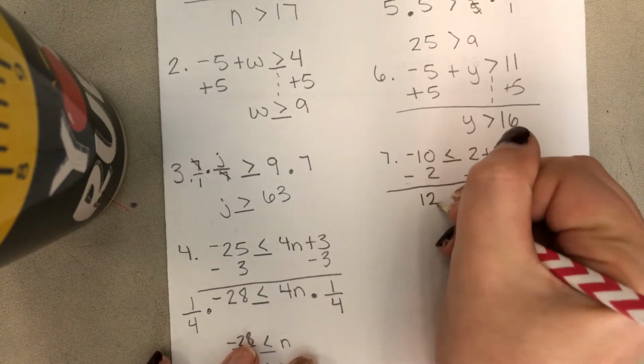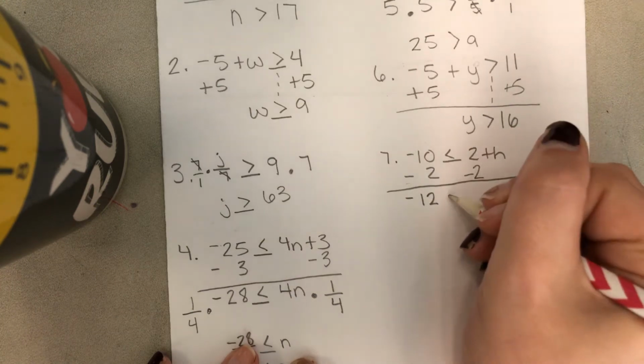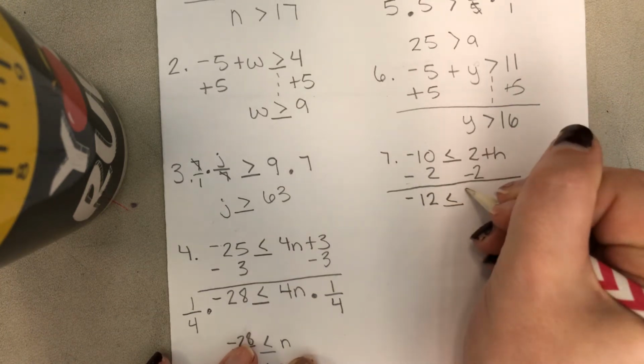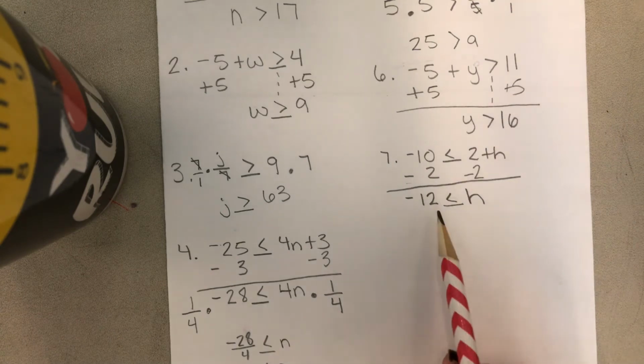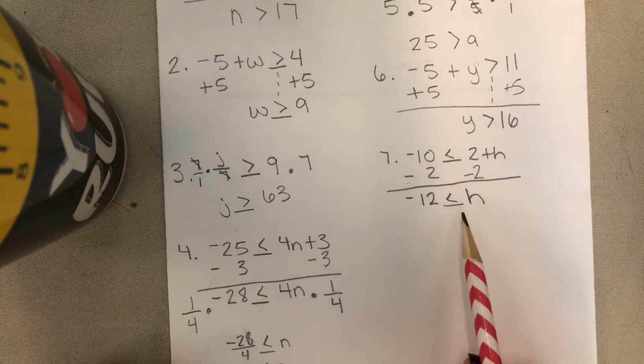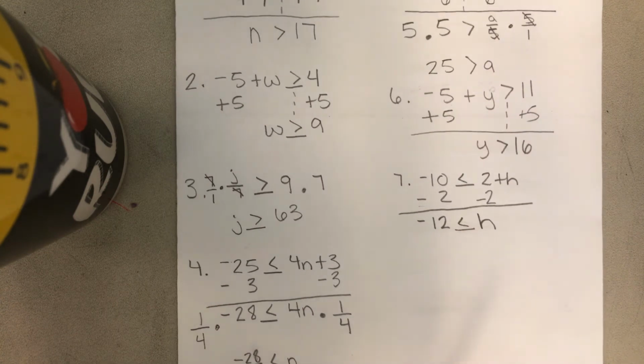So -10 and -2 together, they have the same sign, so I have to add, which gives me 12. Keep the sign of the greater absolute value, so it is -12 is less than or equal to h. I did not multiply by a negative number or divide by a negative number, so therefore my symbol is not being reversed. -12 is less than or equal to h.